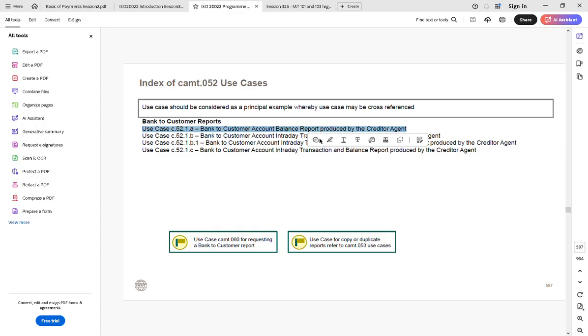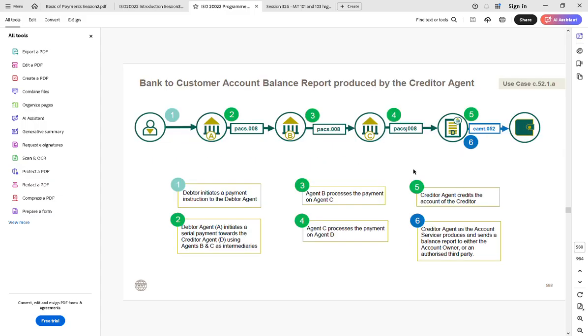And this is the normal transaction, the normal flow. Debtor A initiates a payment instruction to the debtor account. The same flow happens from B to C, C to D, but at D, this is important. Number six: the creditor agent, as the account servicing provider, sends the balance report to either the account owner or the authorized third party.